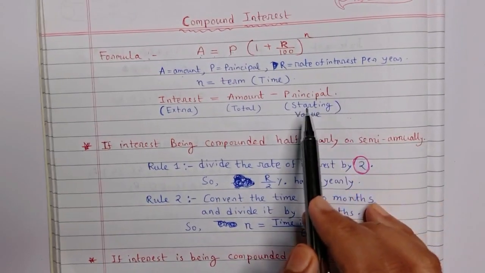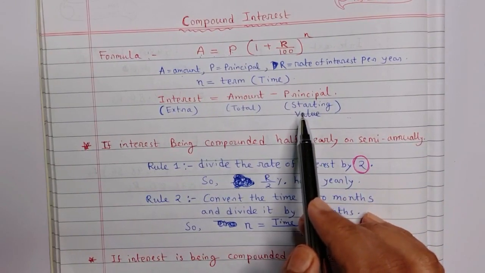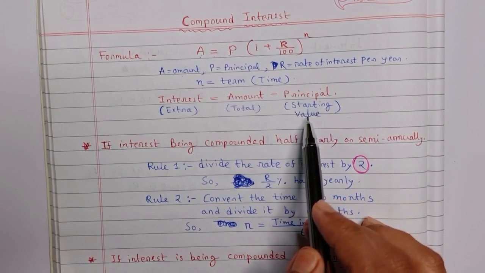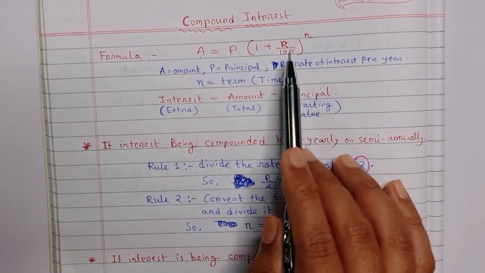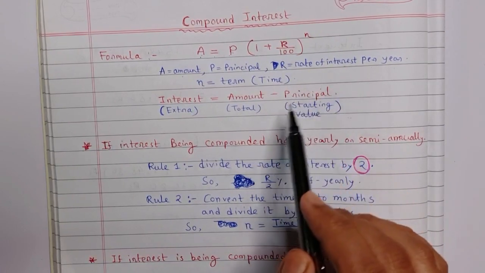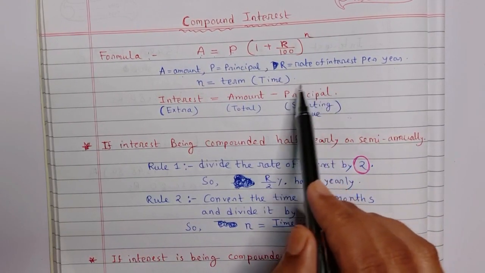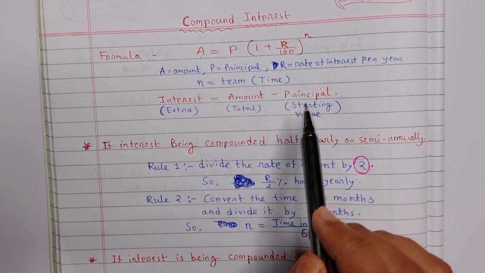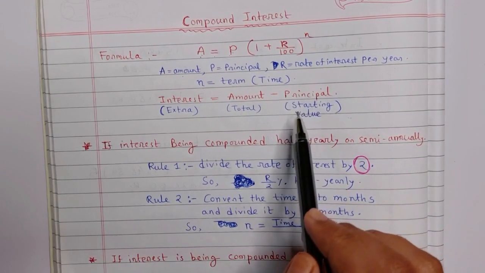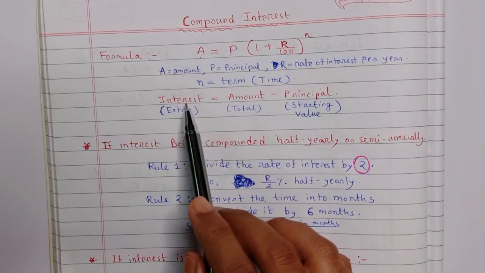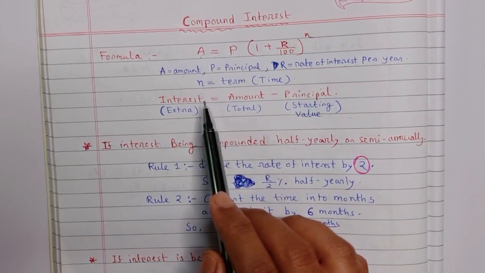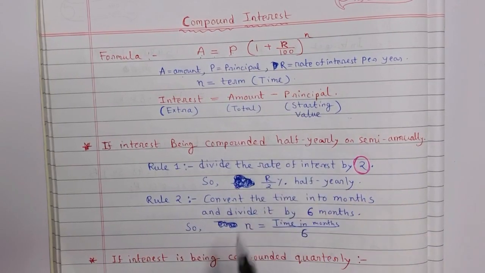And principal means the initial value. That means in the very beginning how much money you had before investing it, or before giving it as a loan, or before taking the loan. So in the very beginning, the sum of money you had is known as principal. So interest is very simple: interest means amount minus principal.